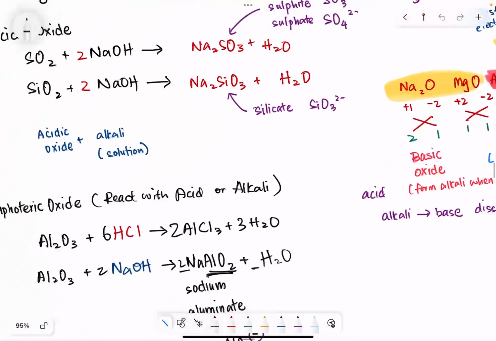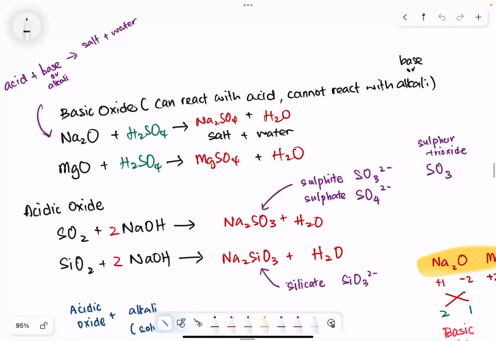Now, of course, here are a few chemical properties that you might find interesting. As for the basic oxide, when it reacts with acid, no matter what, when you have acid reacting with base, it is still going to give you salt. Some of them will even give you water. That depends on whether you can find hydrogen inside your chemical equation.